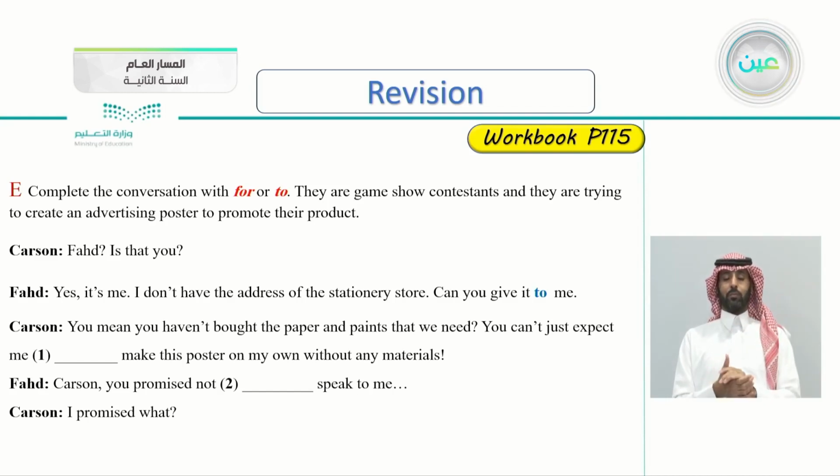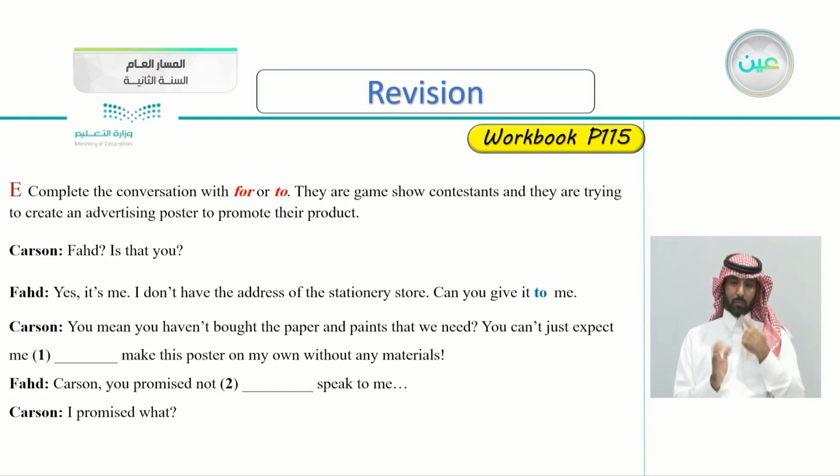Carson: Fahad, is that you? Fahad: Yes, it's me. I don't have the address of the stationery store. Can you give it to me? So the first one is already done. Carson: You mean you haven't bought the paper and paints that we need? You can't just expect me to make this poster on my own without any materials.